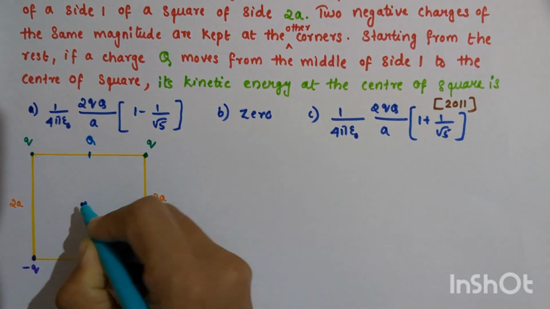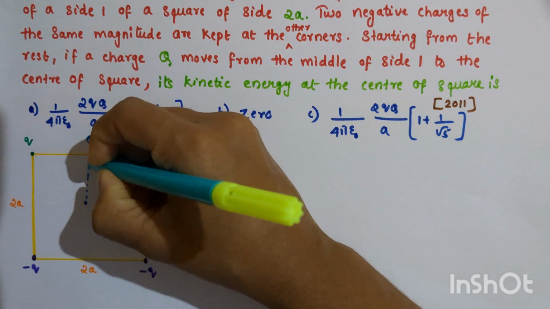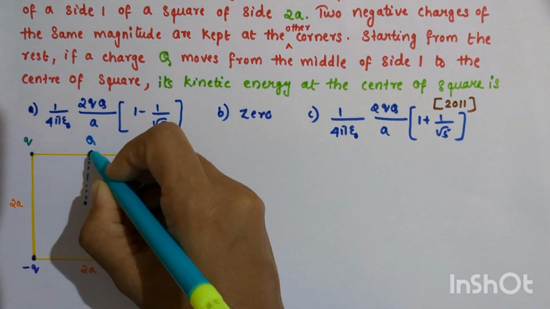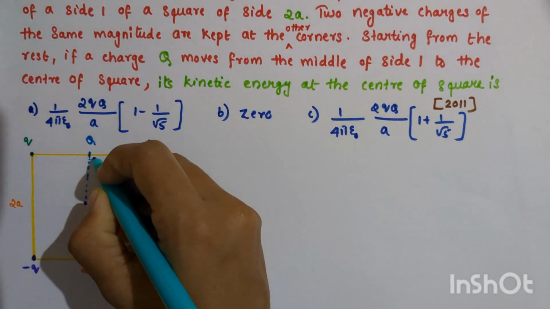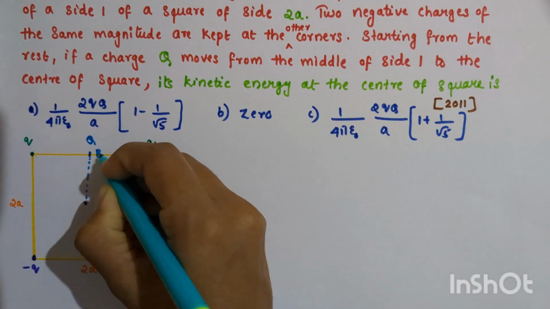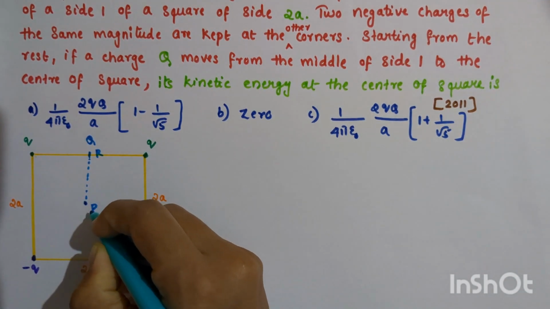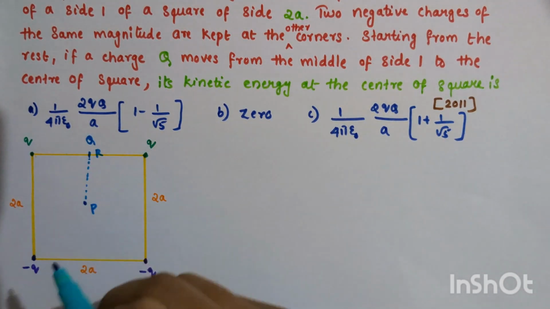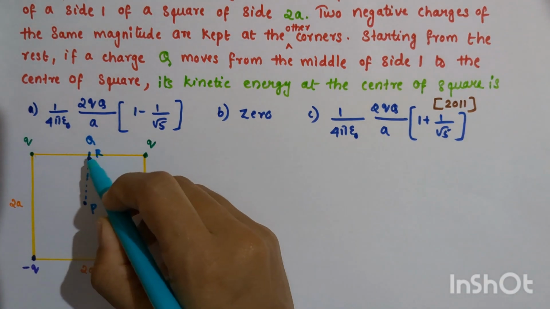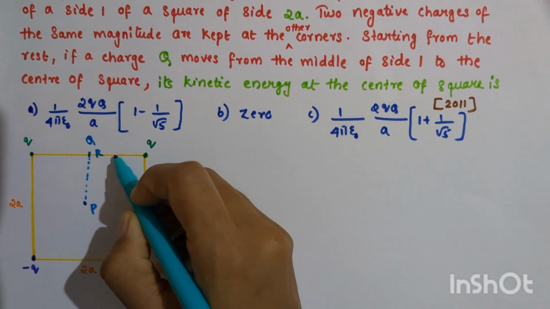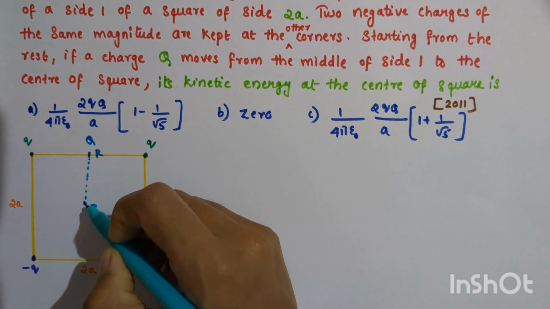So suppose this point is the center of the square. I am taking this point as capital letter R and this point as capital letter P. So this charge Q is moving from R to P, that is, from the middle point of side 1 to the center of the square.